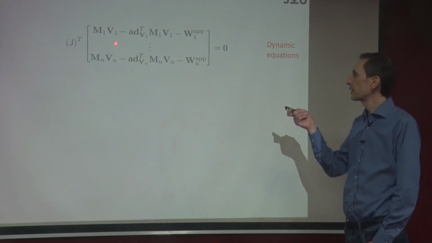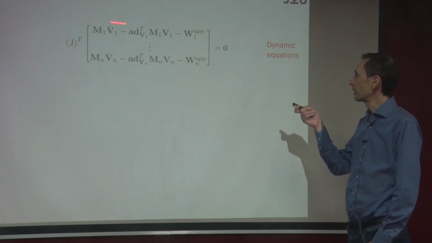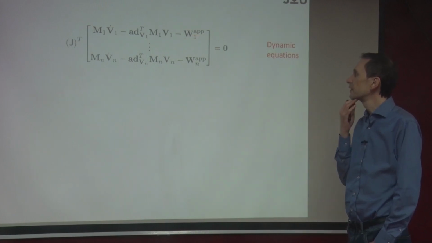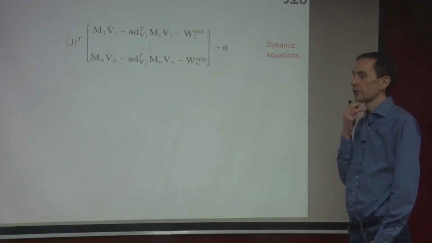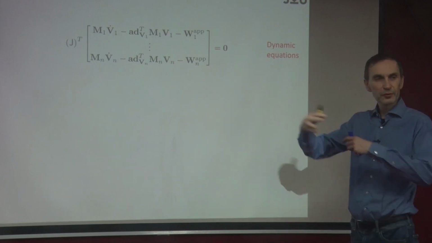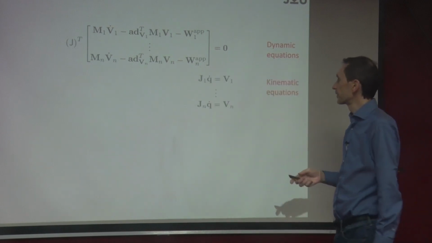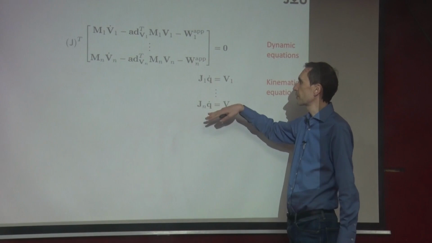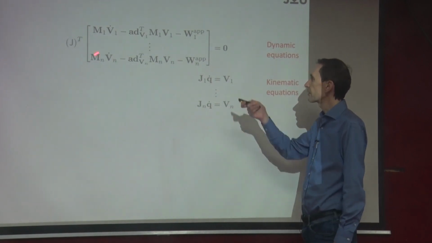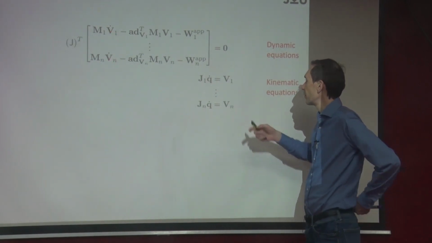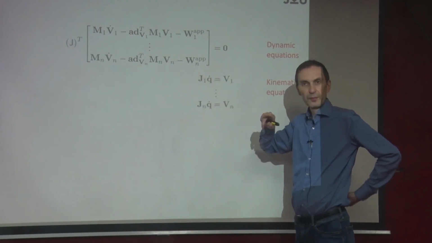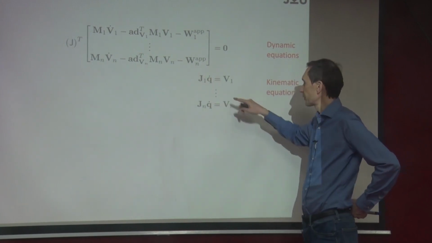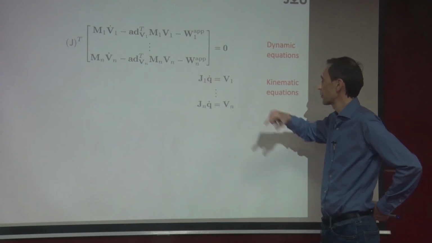What else do we have? I mean, remember that everything depends on Q, on the force of the system. And that's what you see also when you say, okay, you can replace the velocities by our Jacobians, right? So you would replace each of the velocities by the Jacobian.